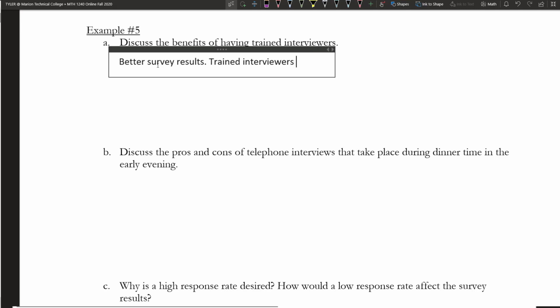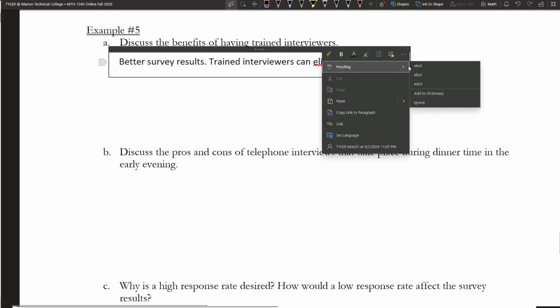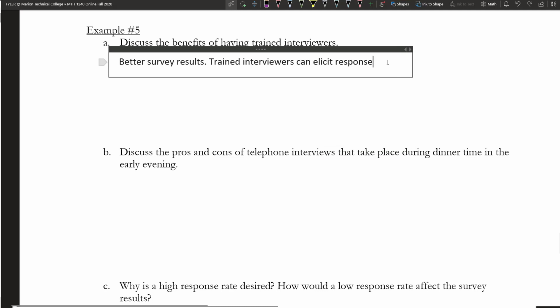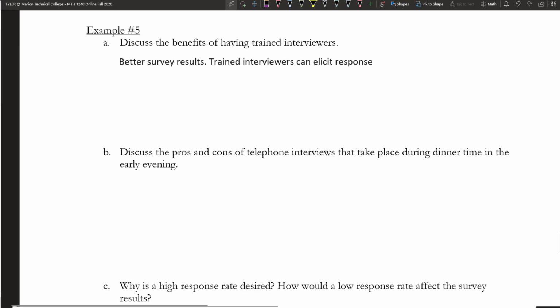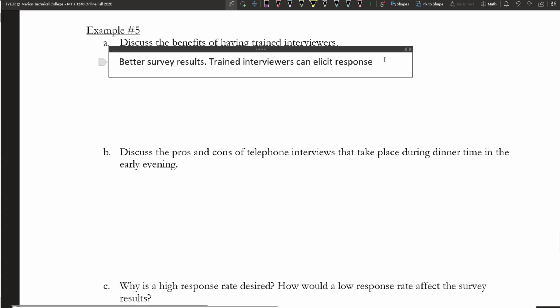Trained interviewers can elicit responses to difficult questions.